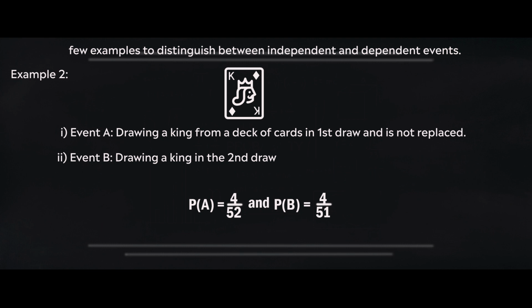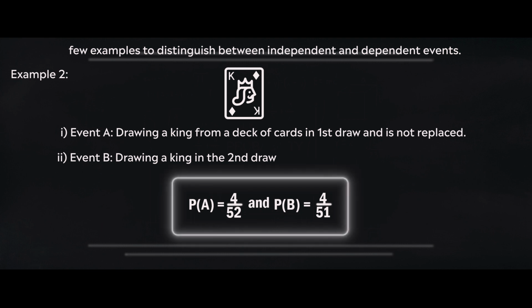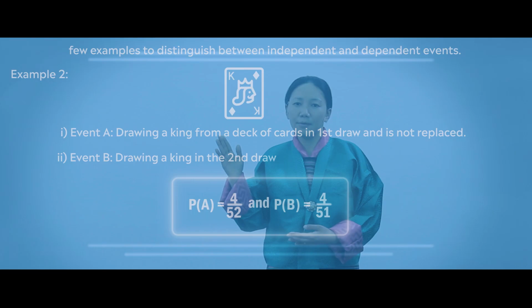Since the card is not replaced when the event B happens, the outcome of event B is going to be 4 by 51. So you see here the number of sample space is affected. So that's why the events A and B are dependent events. So this is how we distinguish independent events and dependent events through reasoning.